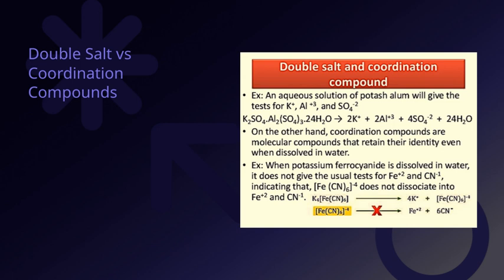On the other hand, coordination compounds involve a central metal atom or ion bonded to surrounding molecules or ions called ligands, forming a single, complex entity. These are usually more stable and do not simply dissociate like double salts. Recognizing these differences is important because it helps us understand their unique behaviors in chemical reactions and their applications. This distinction ties into our overall theme of understanding complex chemical structures and their roles in chemistry.